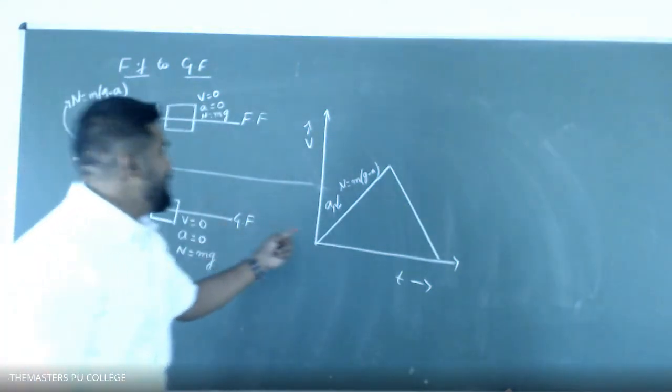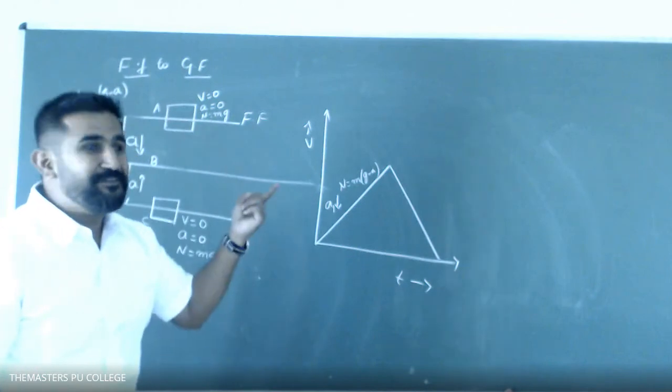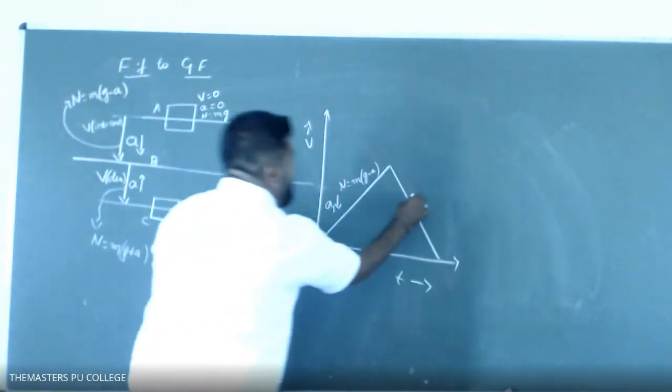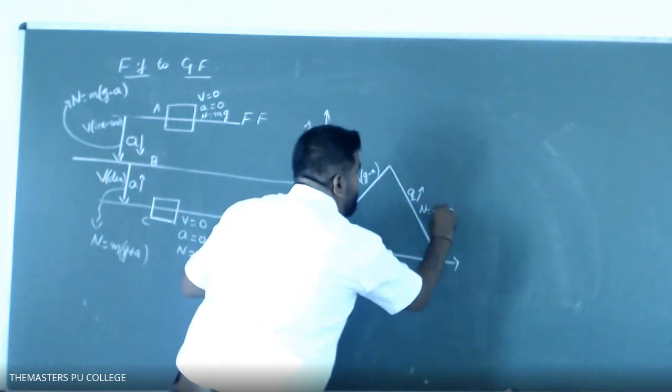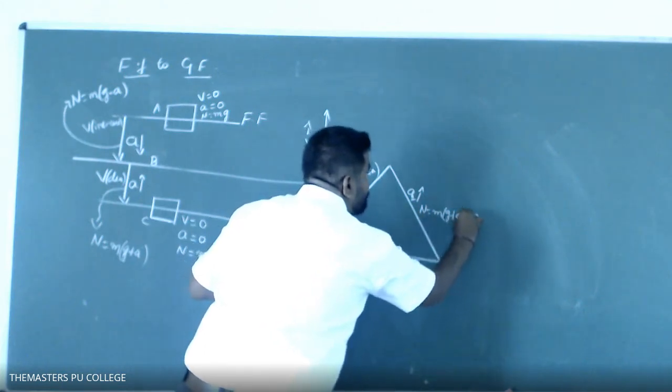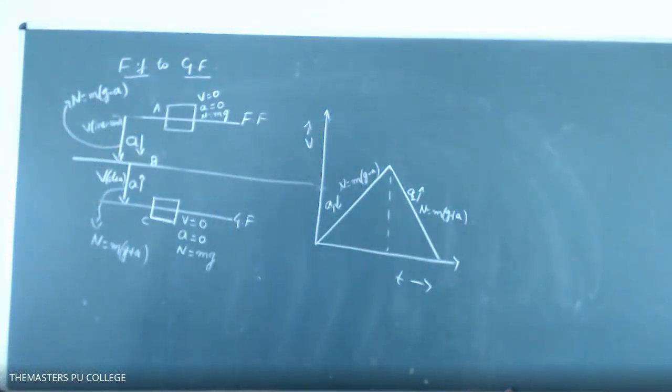The only difference is that m of g plus a came when it was moving from bottom to top. So here A2 is upward. If A2 is upward, N is equal to m of g plus a. Any doubt in this?